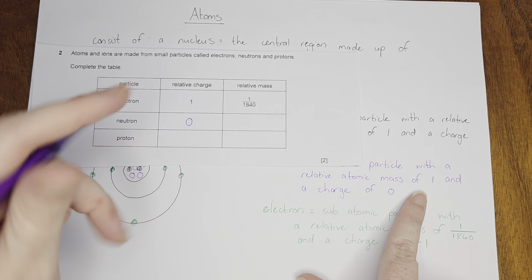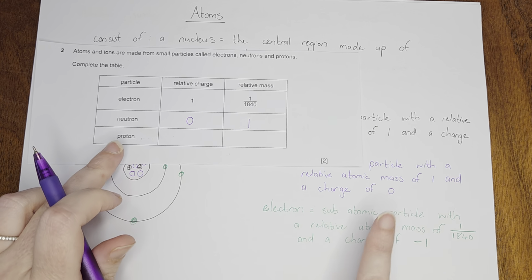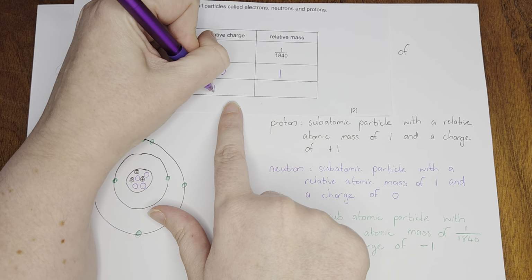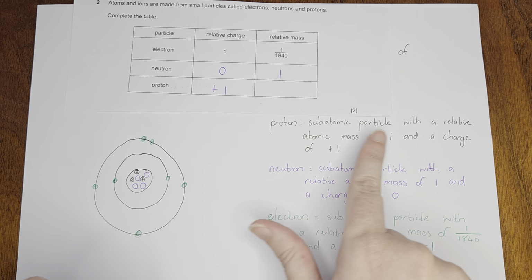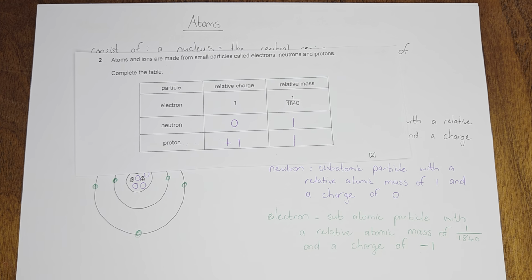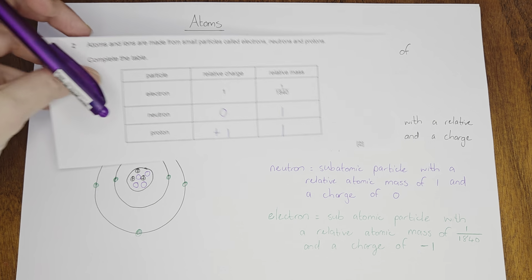Okay, and its relative mass would be 1. The proton's relative charge would be +1, and its relative mass would be 1. So if you have to fill out the table, you've just got to remember that a neutron is neutral, so it's 0. A proton is positive, so it's +1. And then the masses for each are 1.